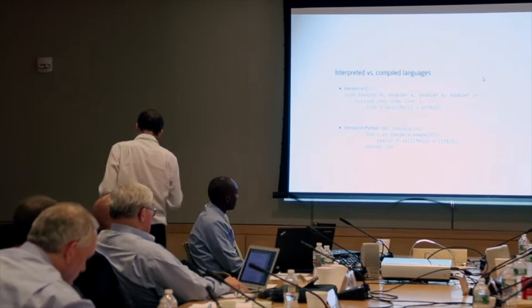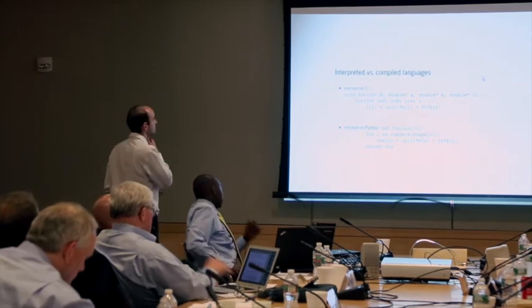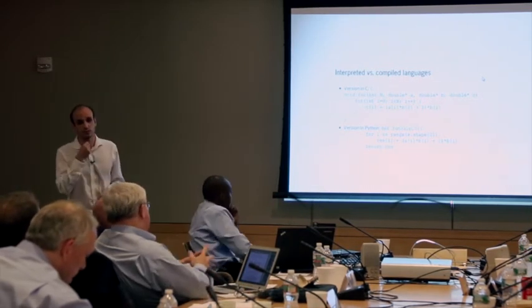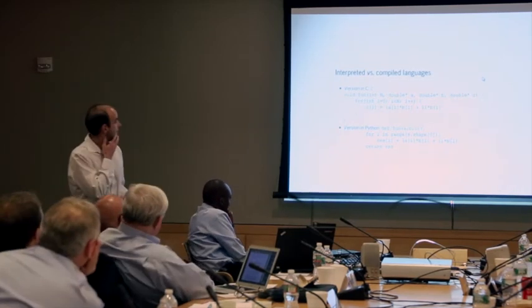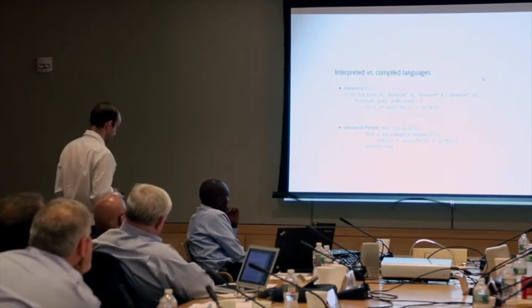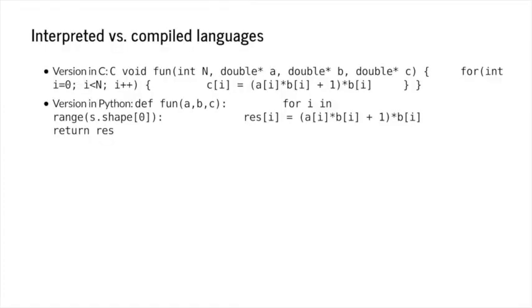Now we'll talk about the difference between interpreted and compiled languages. There is this simple idea. Here you have a loop expressed in C and the same one expressed in Python, which is the interpreted language that is represented today.